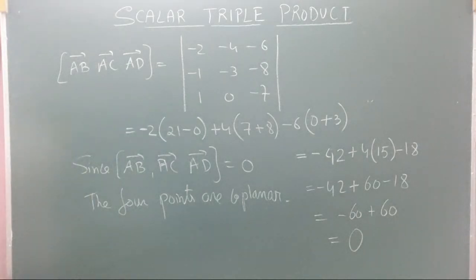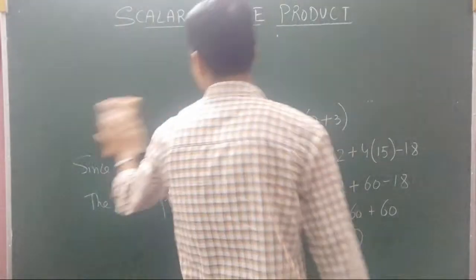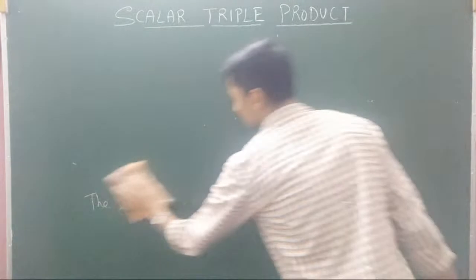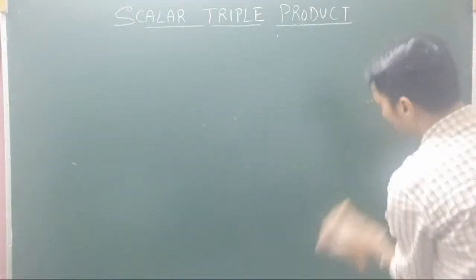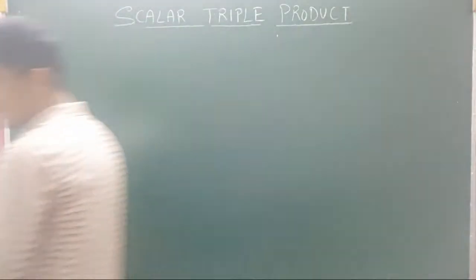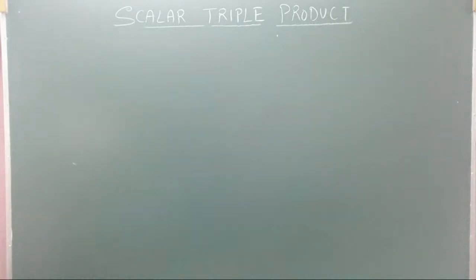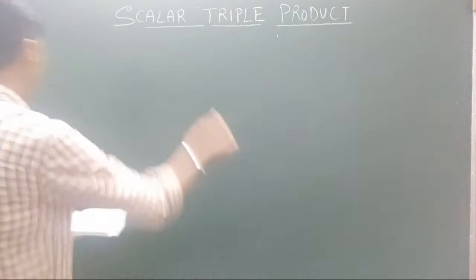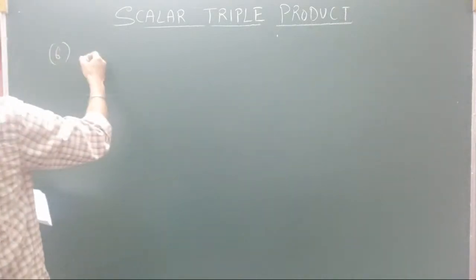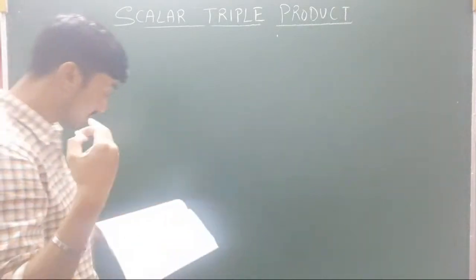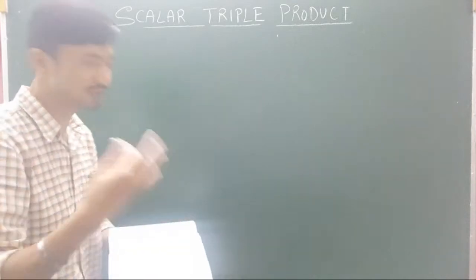Alright, let's do it, just 2 more questions left. Let's do it quickly. It's a similar question to the next one, so I'll just tell you how to do it. Question number 6 is slightly different, so anyway I'll do it. The points are given here, position vectors are not given, but 4 points, we know what to do, isn't it?